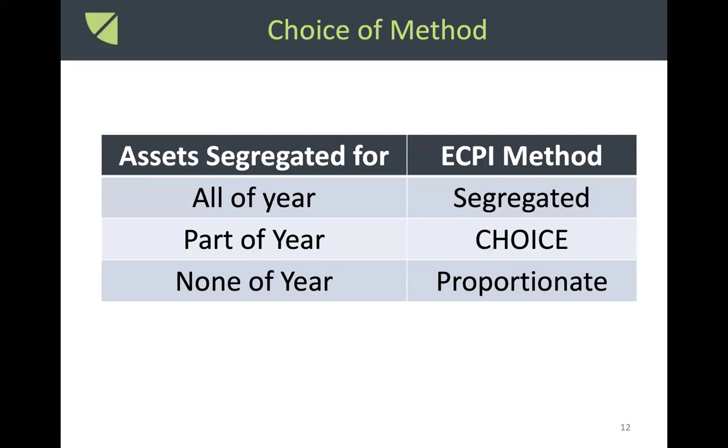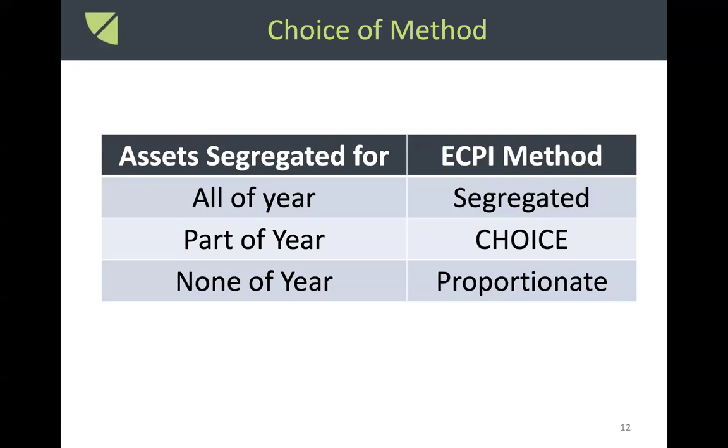However, if the assets are segregated for part of the year, you have a choice. You can choose whether to use the proportionate method for all of the year or whether to use the segregated method when the assets are segregated and to use the proportionate method when the assets are unsegregated.